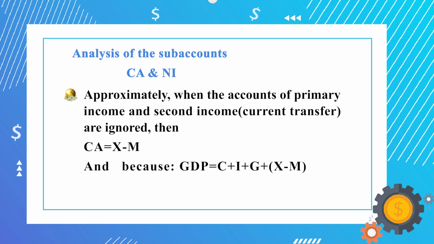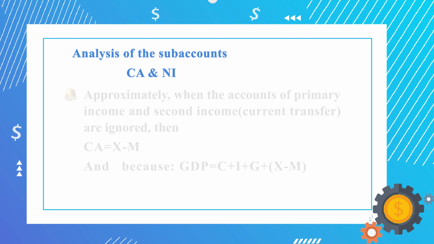And from what we have learned from macroeconomics, when we calculate GDP with the expenditure approach, GDP equals consumption plus investment plus government purchase plus net export, which is export minus import.